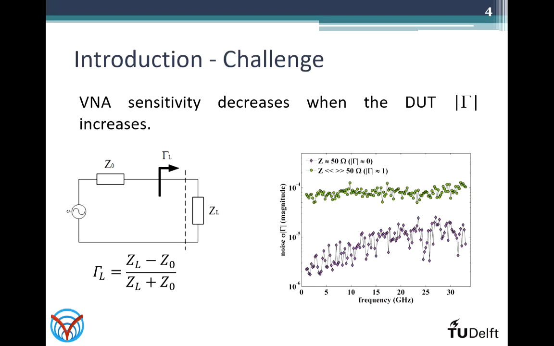When the impedance of the DUT deviates from this region, the performance decreases, and when we measure highly reflective devices, like for example something close to an open or close to a short, we can see that the noise level exhibited while measuring the gamma can be up to 2 orders of magnitude higher compared with the 50 ohm measurement.